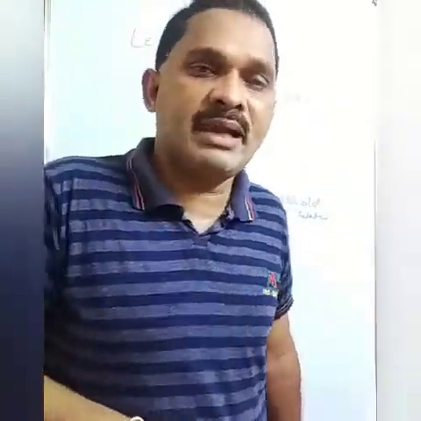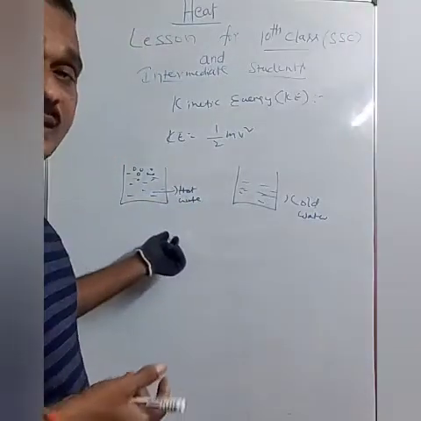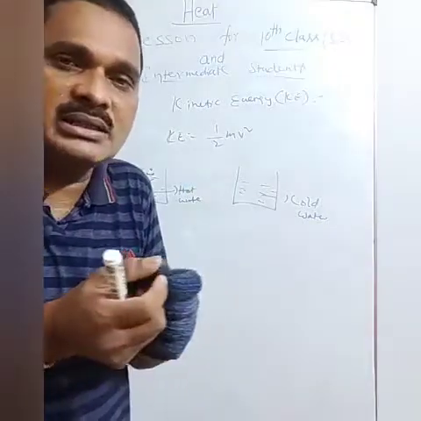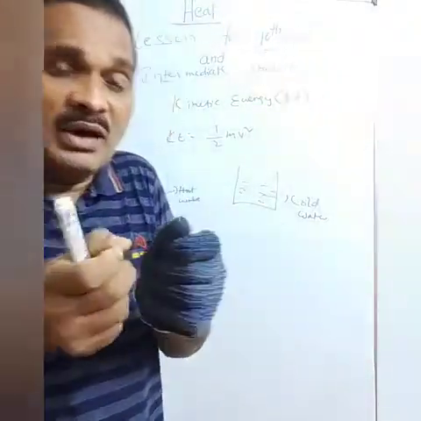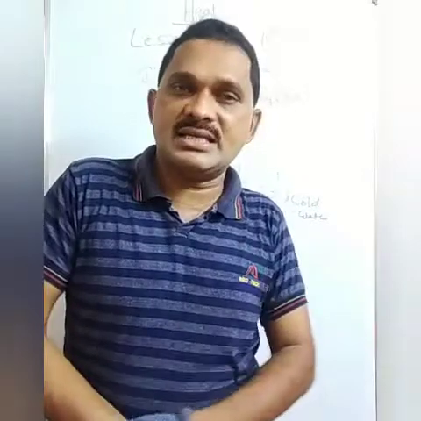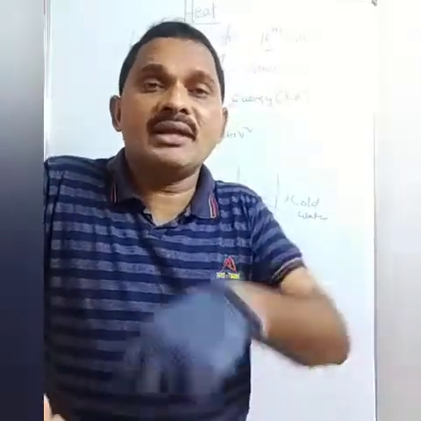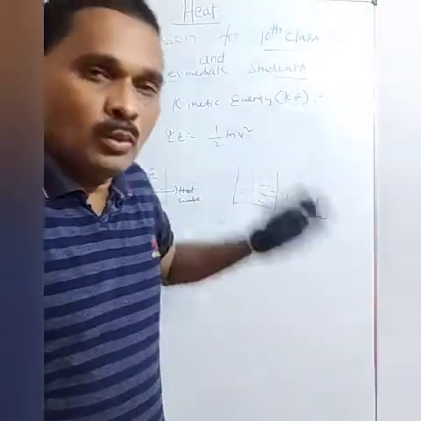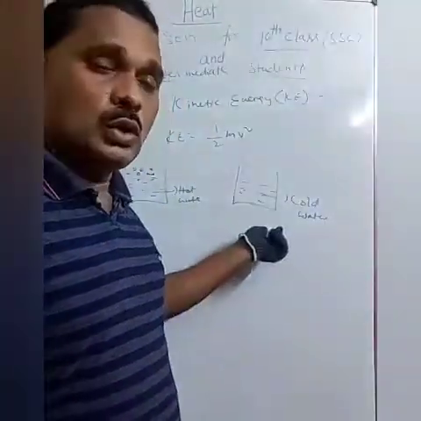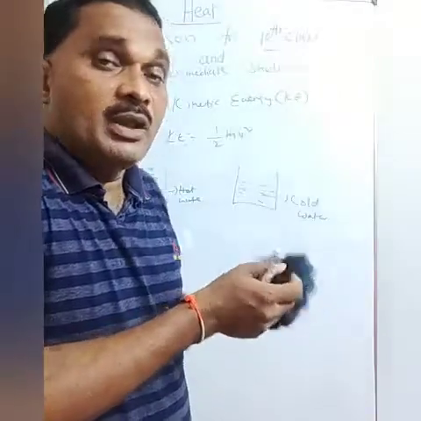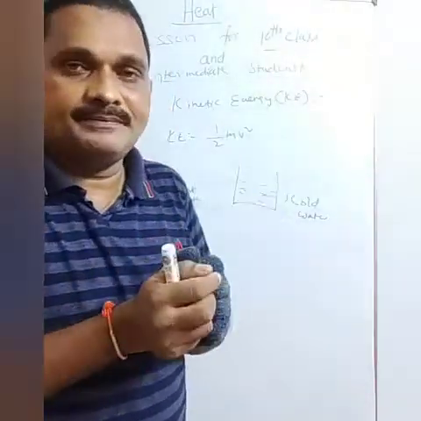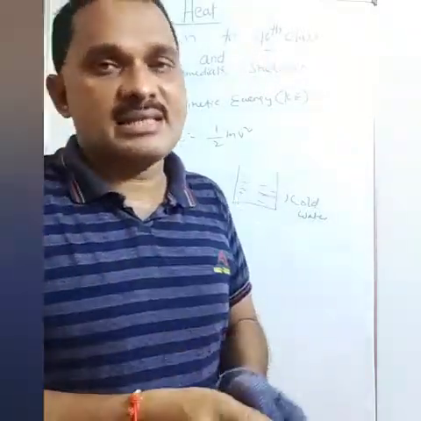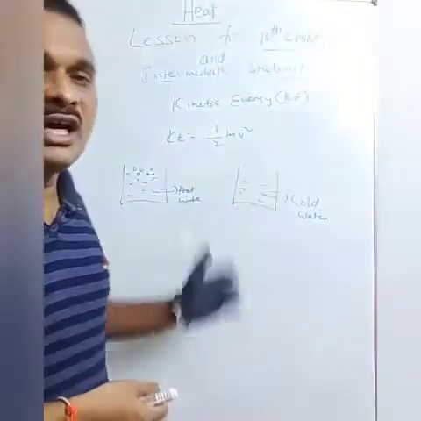If you extend this experiment, if you give more heat to this hot water, the coloring of particles is even faster, because the particles are moving very fast, getting more heat energy from below. In the cold water it takes more time, because there is no heat energy. It still colors, but it takes time, because the kinetic energy is less for the cold water compared to hot water.